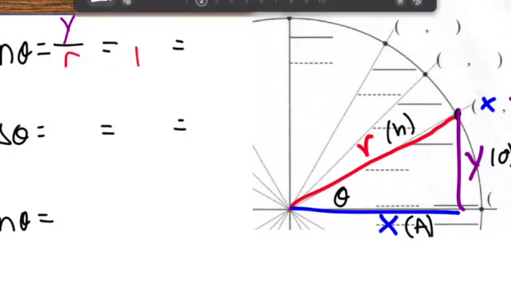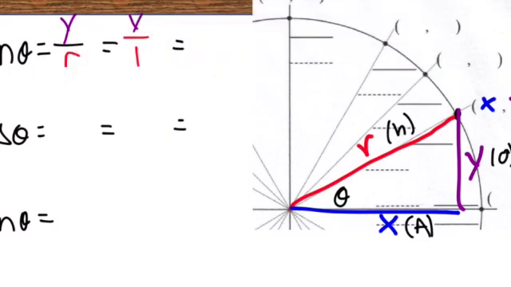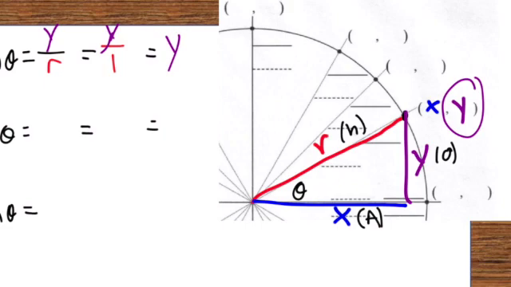So this simplifies to y over 1, and anything divided by 1 is just itself. So this is just going to end up being y. That's nice. The sine of theta is really just equal to whatever the y value is on your trig circle. So whatever this y value is, that's your sine from now on.